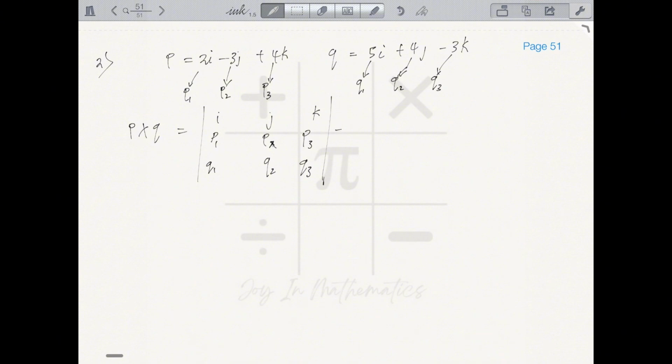So if we make this substitution, you will have i, j, k, and P1 is 2, P2 is minus 3, P3 is 4, Q1 we have 5, Q2 we have 4, Q3 we have minus 3.